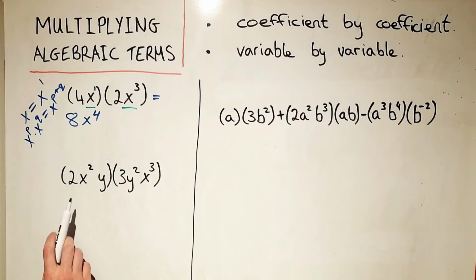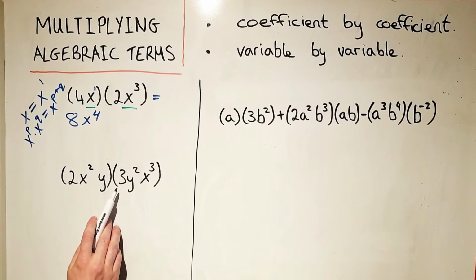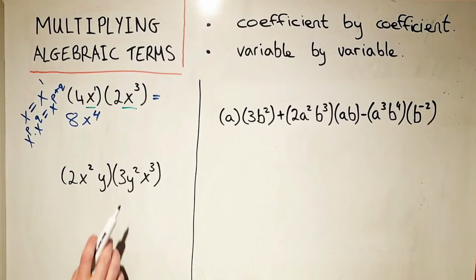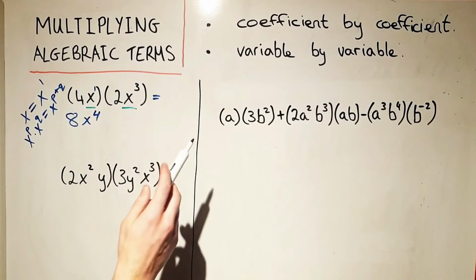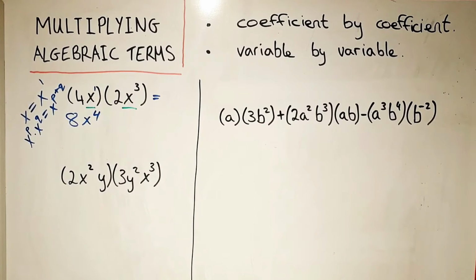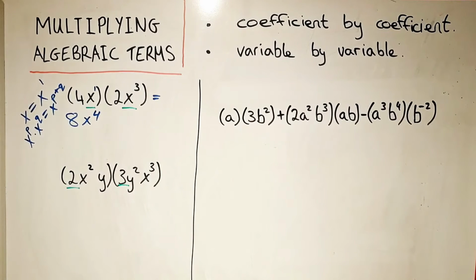Okay, so the next example, we have two variables. Up here we just had x, and down here we're dealing with an x and a y. The same rules apply: coefficient by coefficient and variable by variable. We find a coefficient here and a coefficient here, so straight away we can multiply 2 and 3 to give us 6.